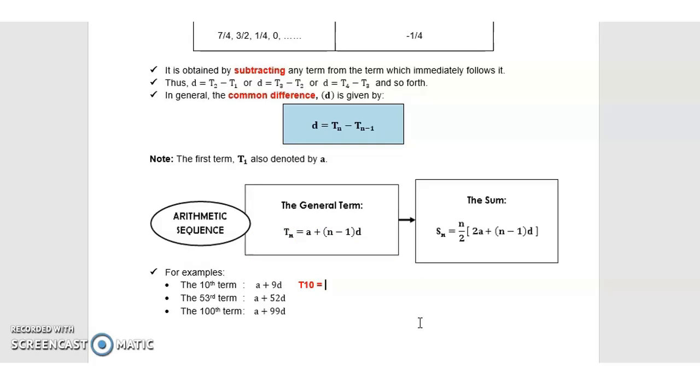Assuming that we don't have any sequence, the general term is A plus n minus 1 multiplied by d. For T10, n equals 10. So 10 minus 1 multiplied by d.